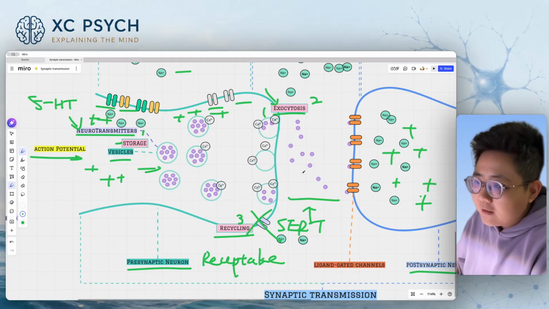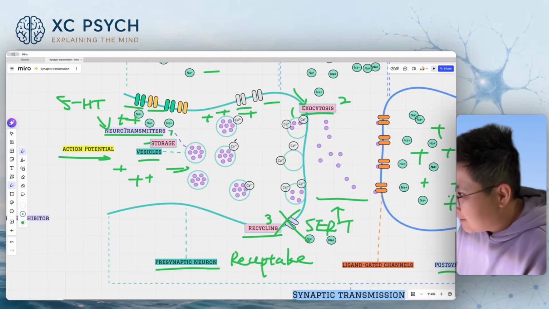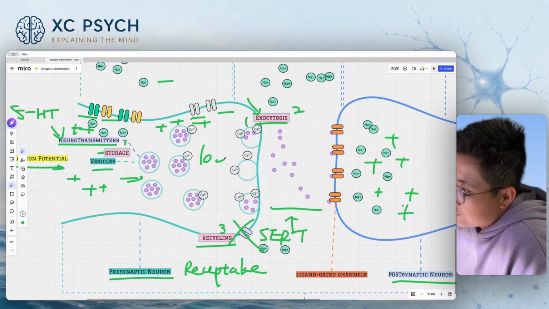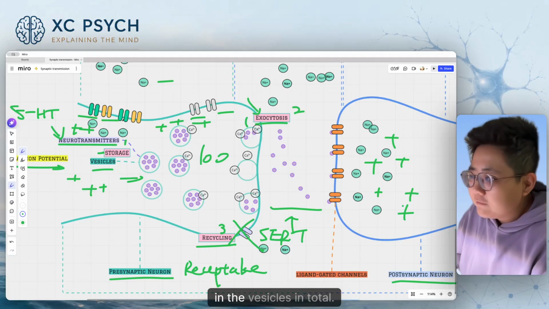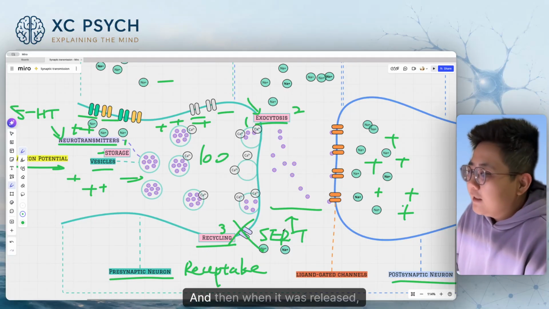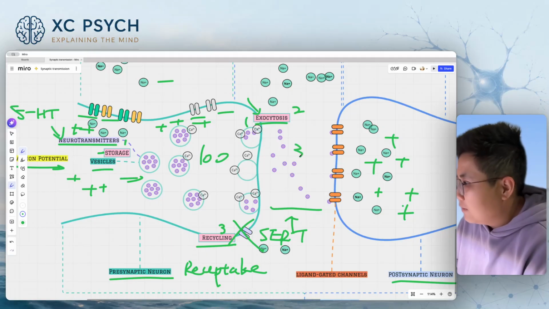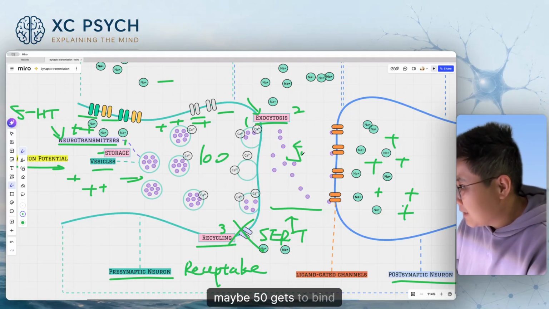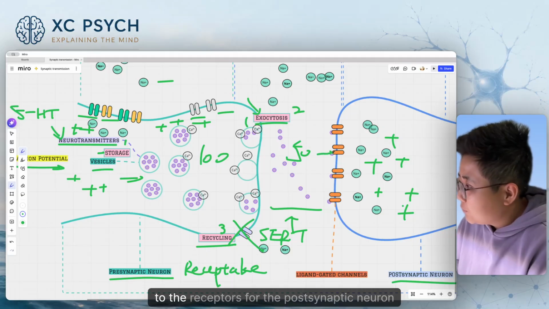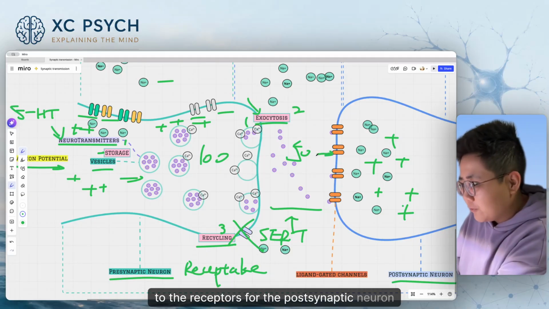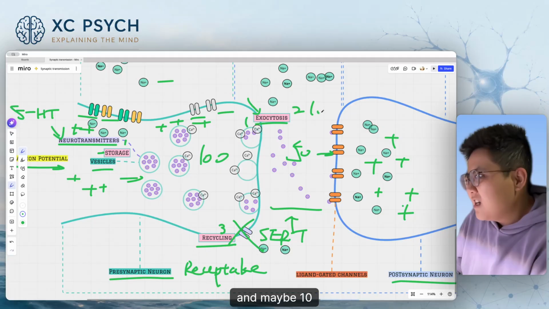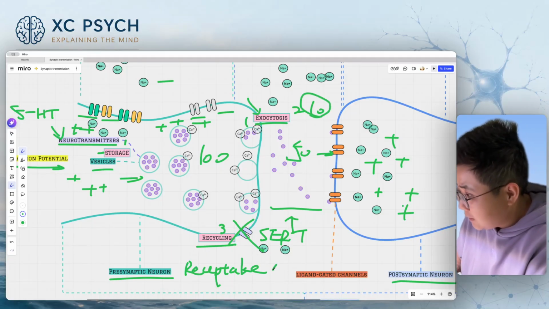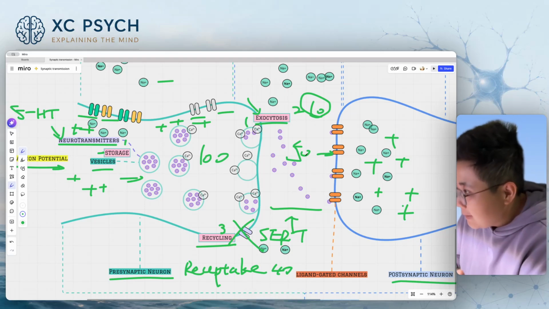What does this mean? Imagine, say, normally there are 100 serotonins in the vesicles in total. And then when it was released, maybe 50 get to bind to the receptors of the postsynaptic neuron. And maybe 10 just got diffused, damaged somewhere, and 40 are recycled, right?